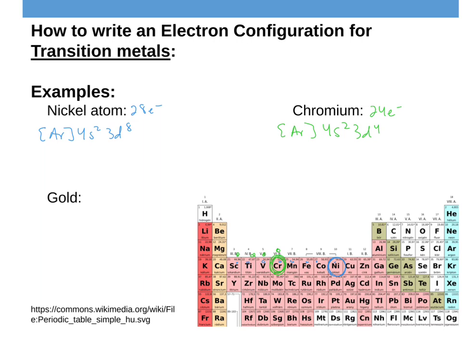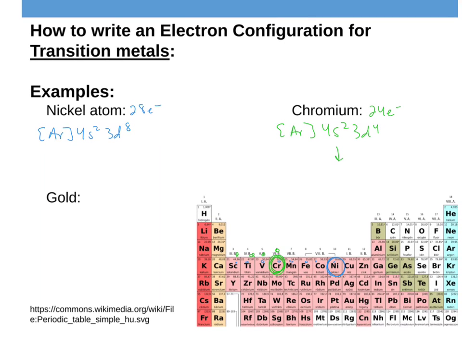Because it's a d4, which means we have to change this. I know that's not really that. I know that it's really going to have that s electron in a higher energy orbital. So 4s1, 3d5, right? And this would be the correct electron configuration for chromium.